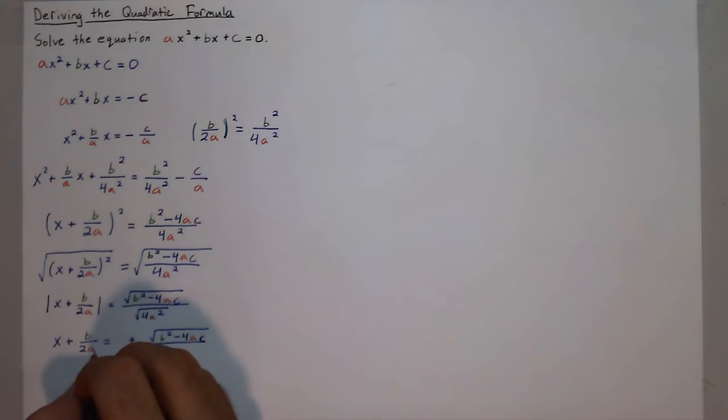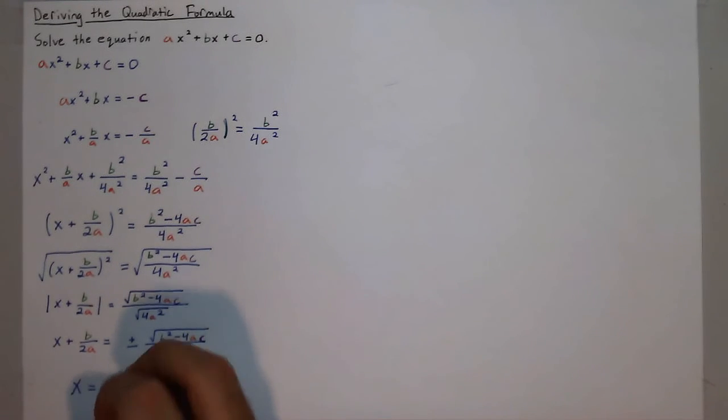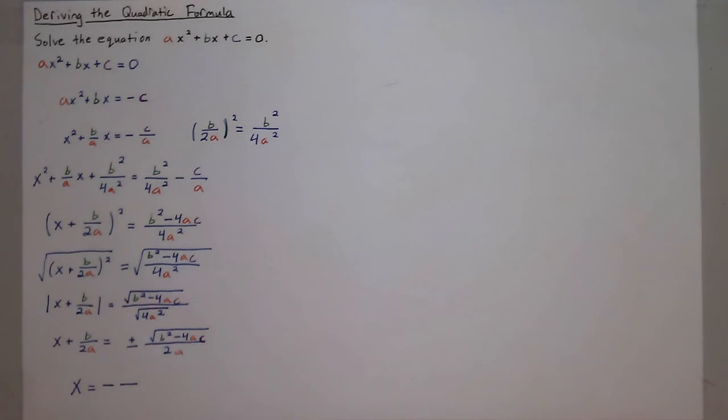And then I can subtract b over 2a, giving me x is equal to negative b over 2a plus or minus the square root of b squared minus 4ac over 2a.